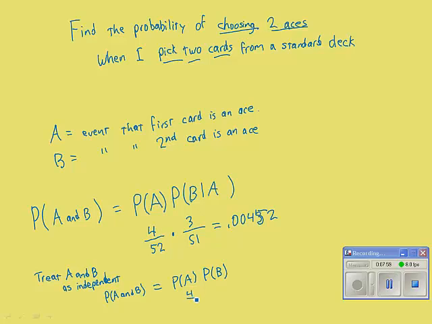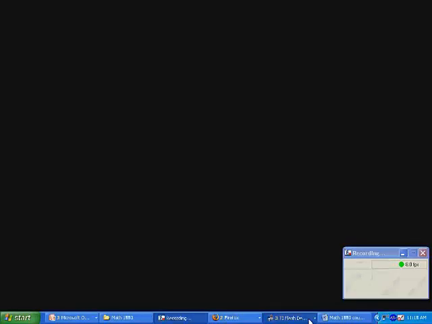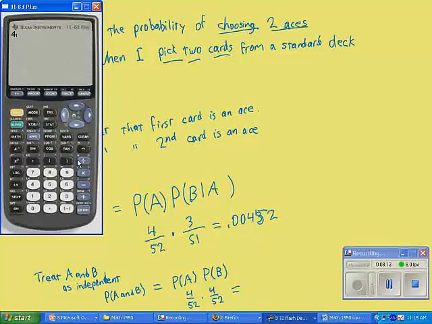I could do 4 out of 52 times 4 out of 52, right? And get an answer. Let me do that on the calculator. 4 out of 52 times 4 out of 52. Oh, 0.0059.